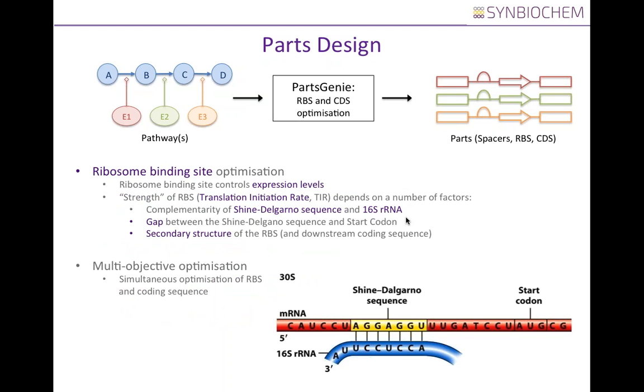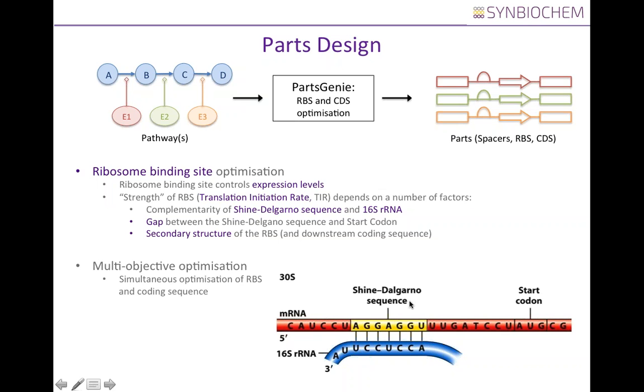Another thing that we're looking at optimizing simultaneously is the ribosome binding site. Now, the ribosome binding site, in a quite hand-wavy manner, has an effect over the expression level of the enzyme. The strength of the ribosome binding site, what we call the translation initiation rate, depends on a number of factors.